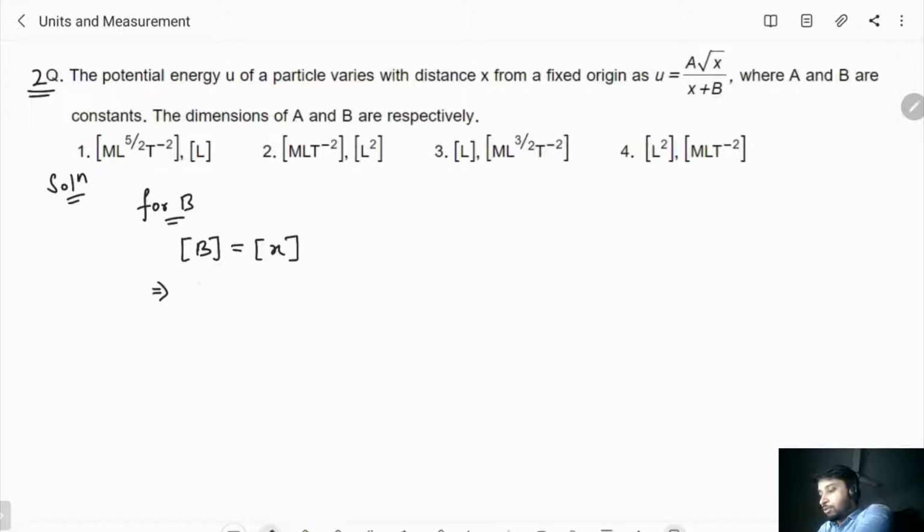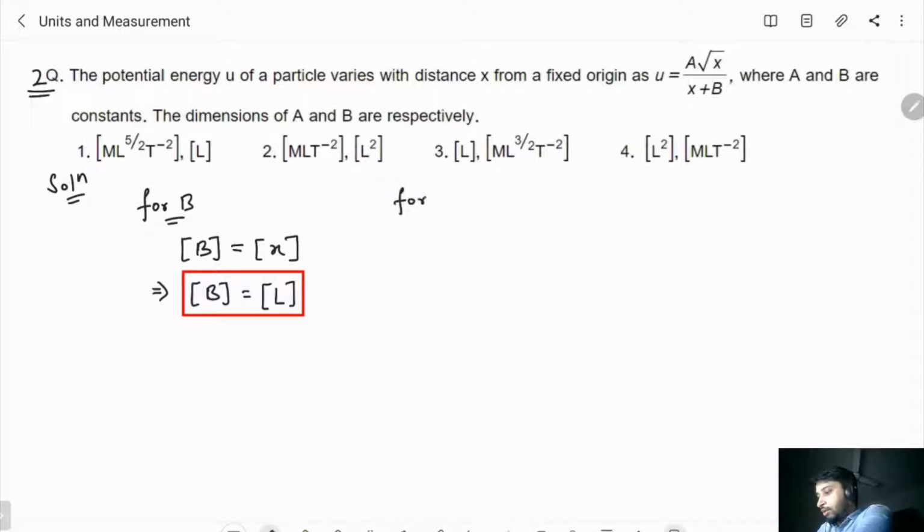So the dimensional formula for B will be simply L. We do not have the answer in standard form, so we'll keep it as it is. So the dimensional formula for B we got is L. Now let us see how to solve for A.